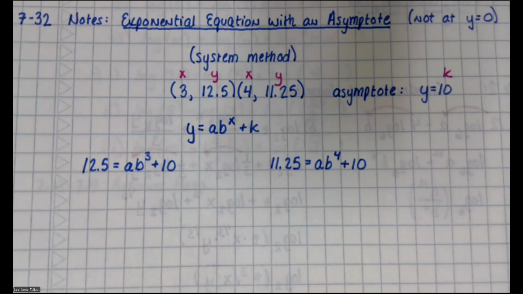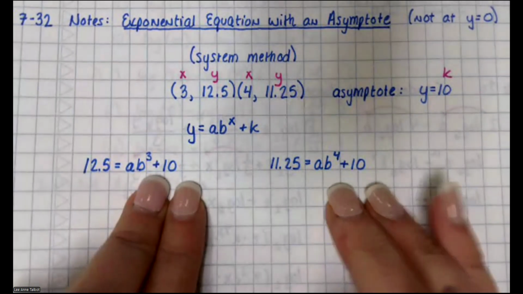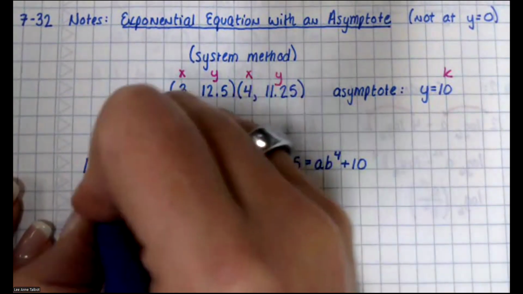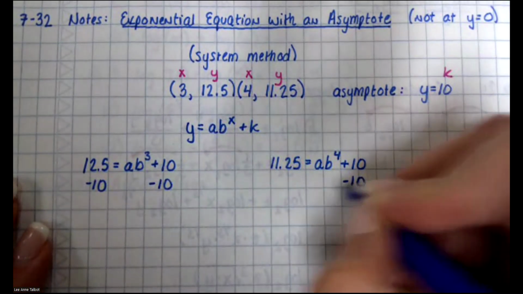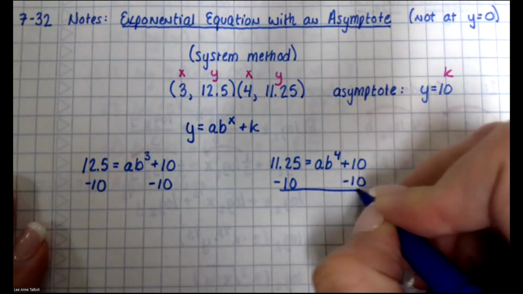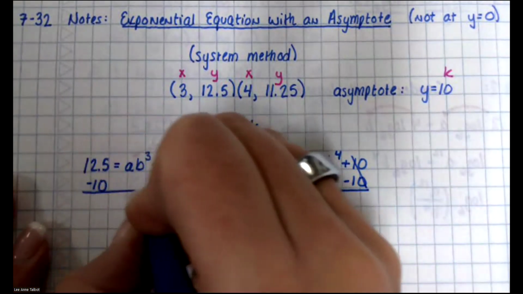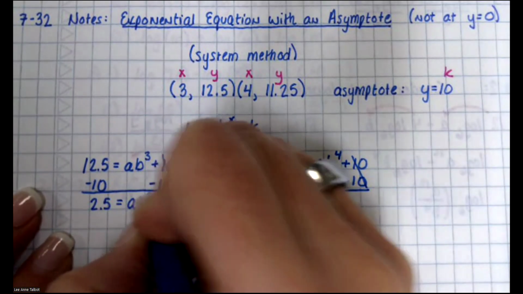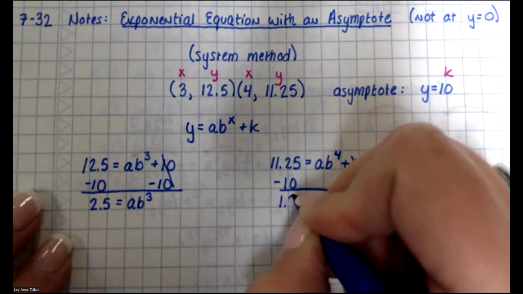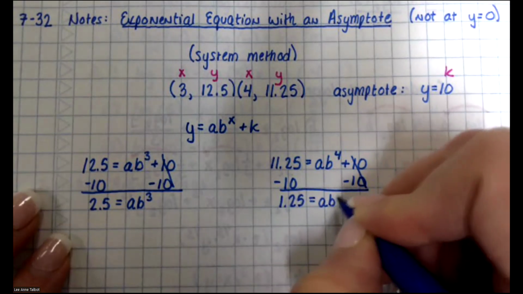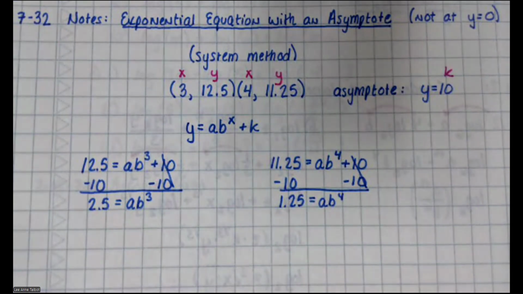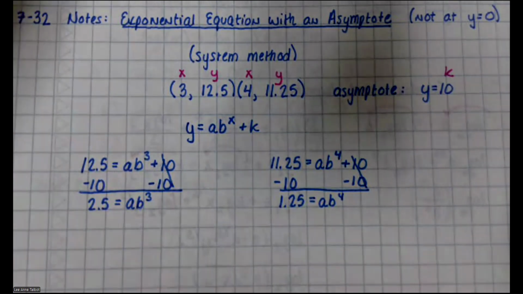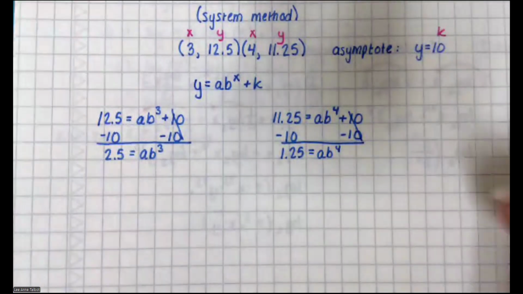I think so. Okay. Now, before we make our system, we're going to minus 10 from both sides on these, because we want to get the exponential part by itself. Okay. Now what I'm going to do is make my system.